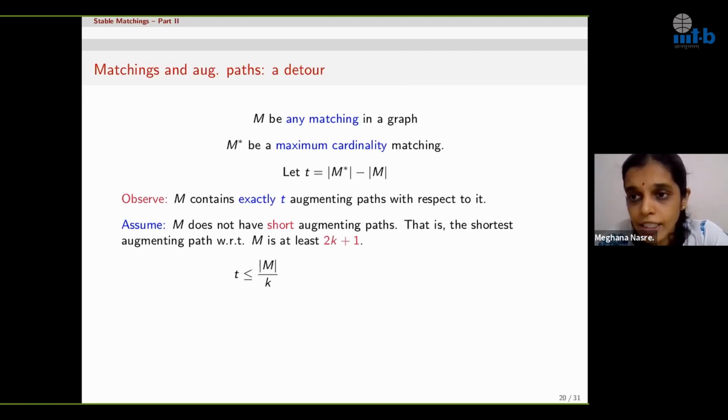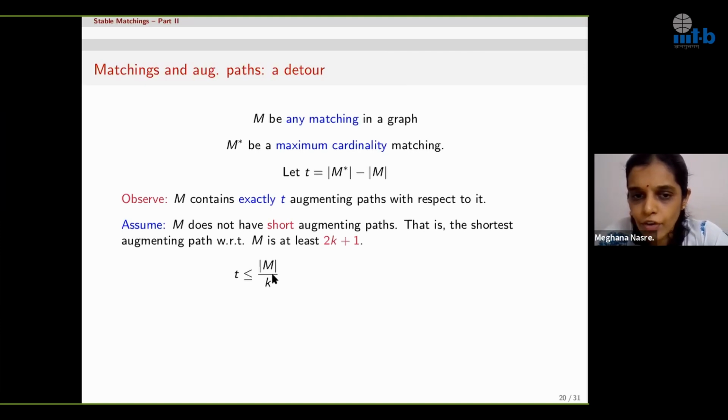That if it does not have short augmenting paths, then the number of augmenting paths itself is going to be upper bounded. Remember, T is the number of augmenting paths with respect to M. T itself is upper bounded by the number of edges in M divided by k.